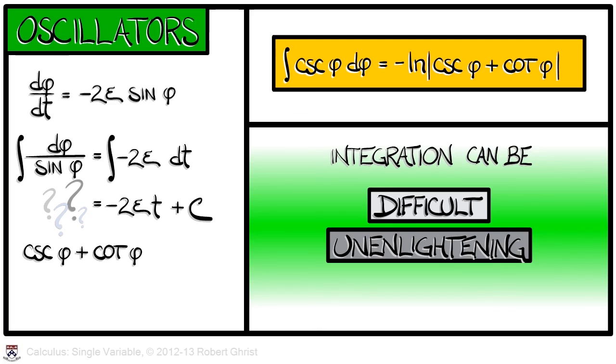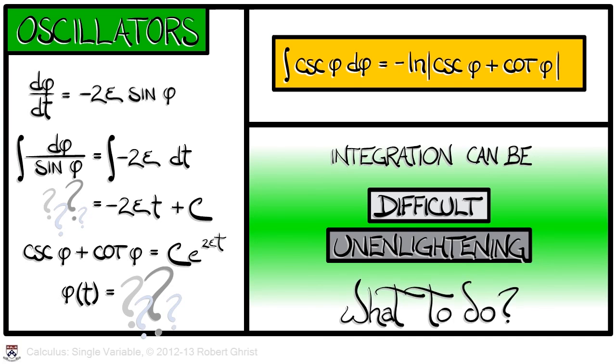I can write down that solution and exponentiate to get cosecant phi plus cotangent phi is a constant times e to the 2 epsilon t. But what I want is to know phi of t, what the phase is doing as a function of time, and I cannot solve that equation for phi.